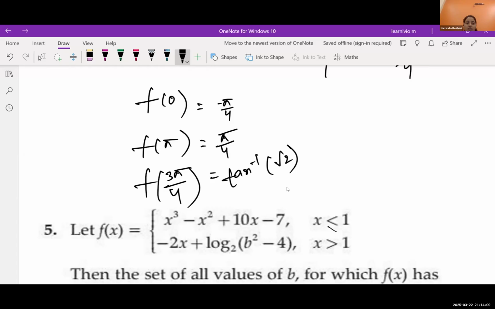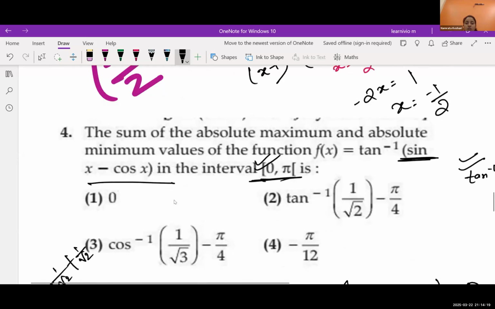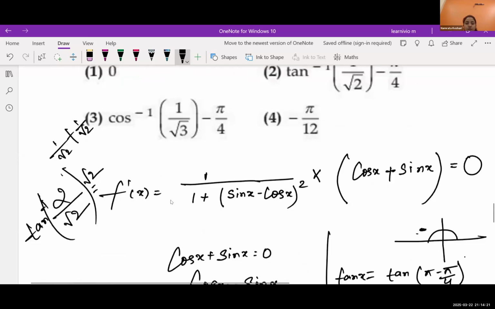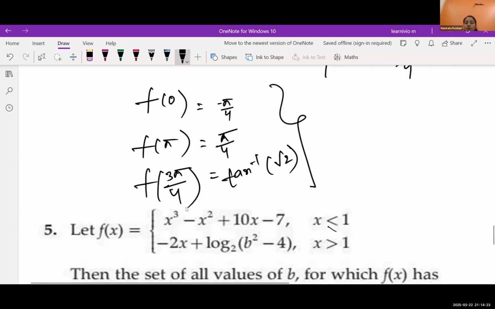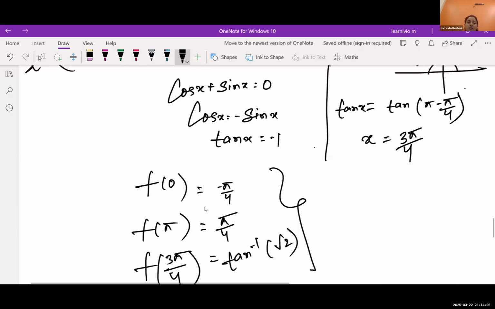Okay, tan is an increasing function. So among these, which one is absolute maximum and which one is absolute minimum? Let's check it. For reference, tan 0 is 0.